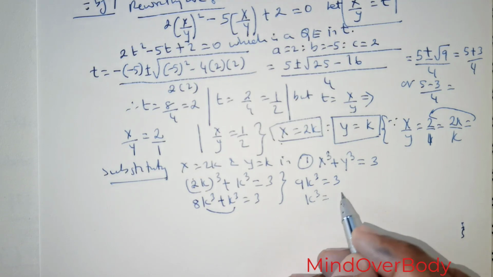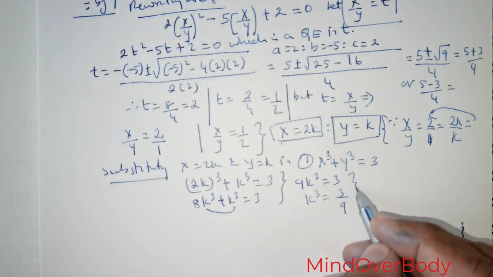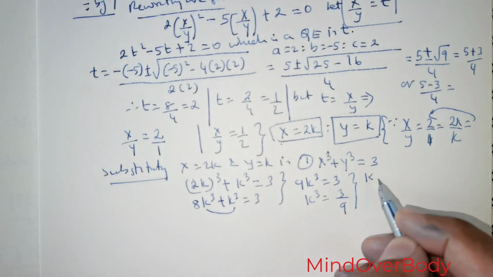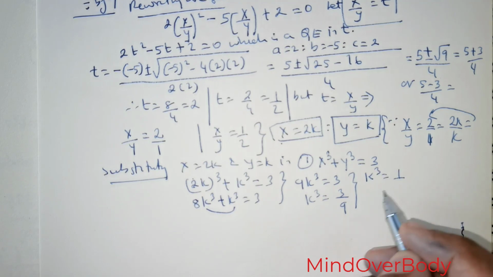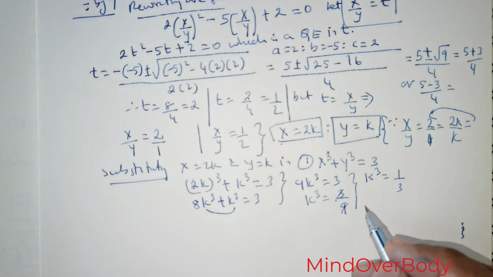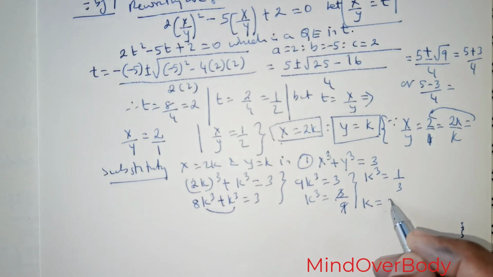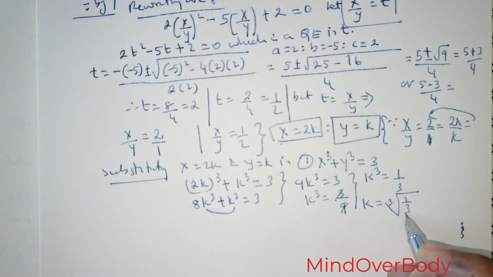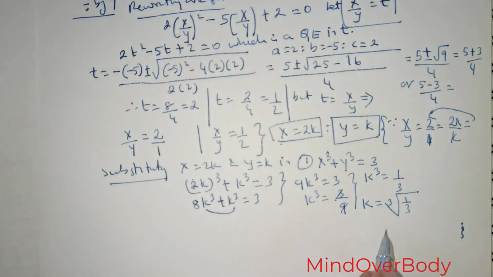This is going to be k cubed is equal to 3 divided by 9. 3 divides 9 three times, so k cubed is equal to 1 over 3. Therefore, my k is going to be the cube root of 1 over 3. So this is the value of k.